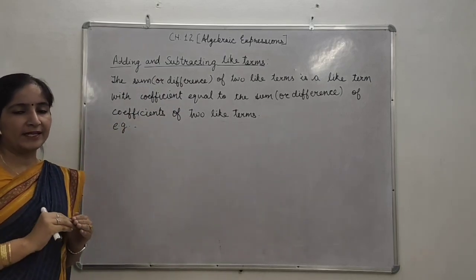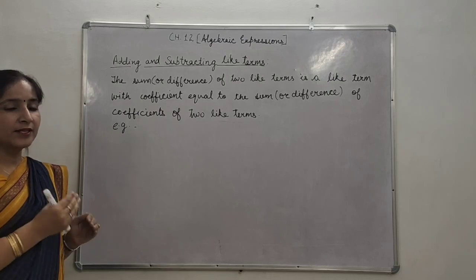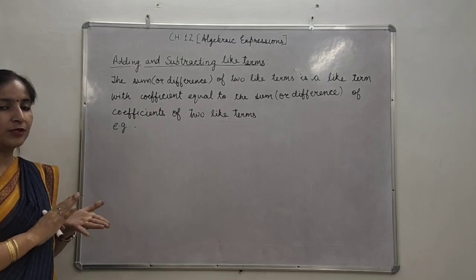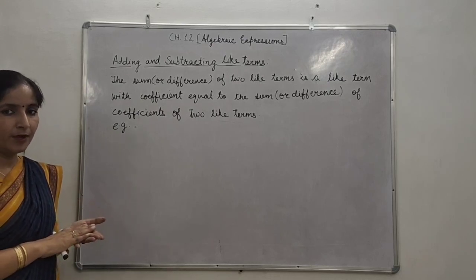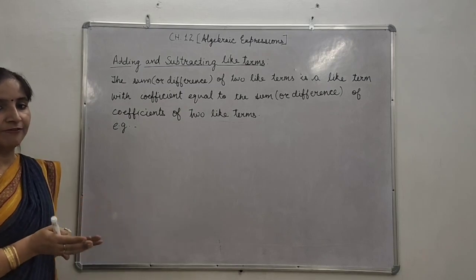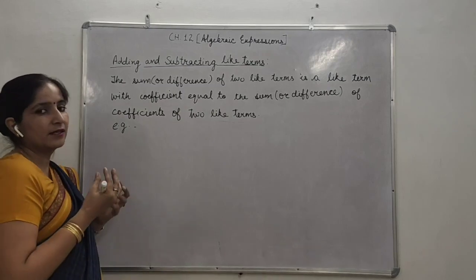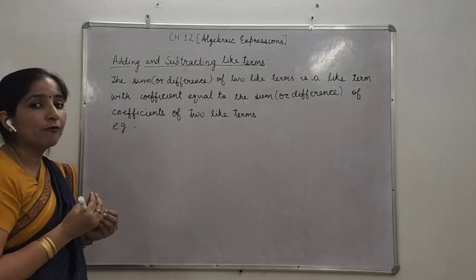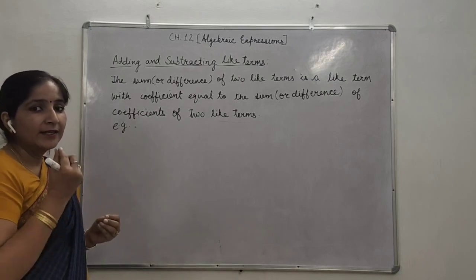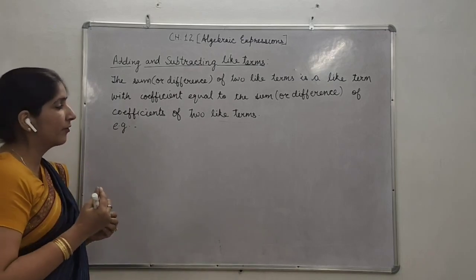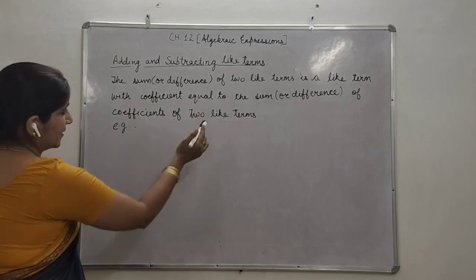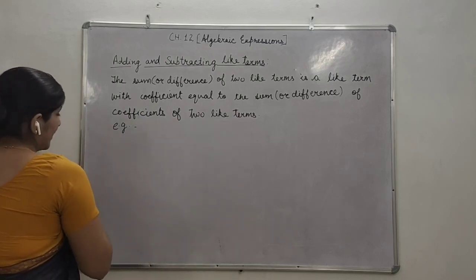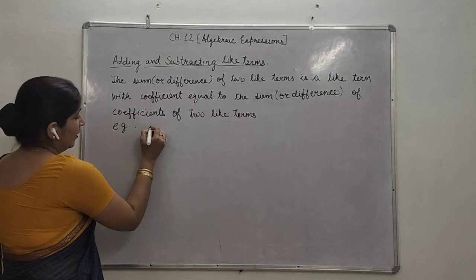Means for the two like terms which we have taken, the result is always equal to the addition of the coefficients if we are doing the sum, or if we are doing the difference, the result is the difference of the two coefficients actually, and the algebraic factor will remain the same as it is in the like terms. So let us take two examples for this.